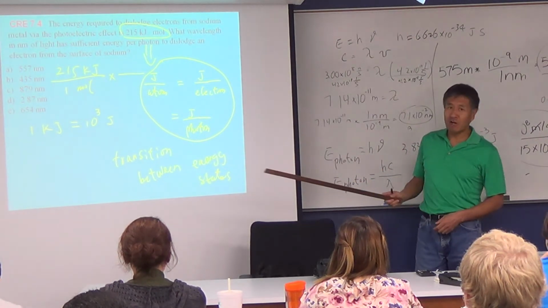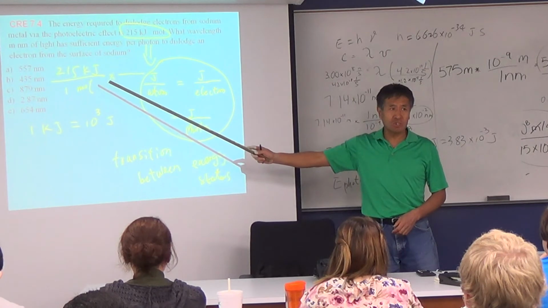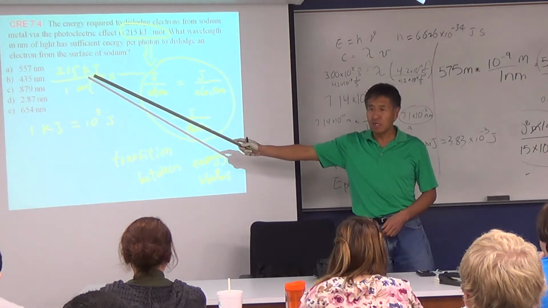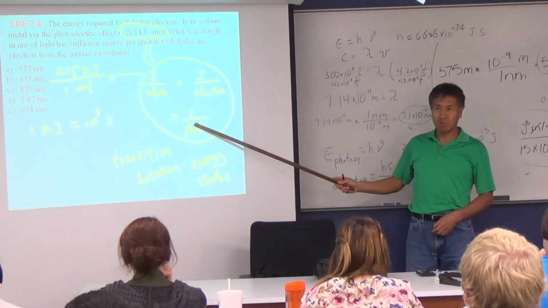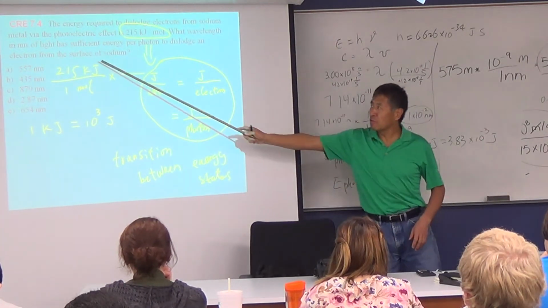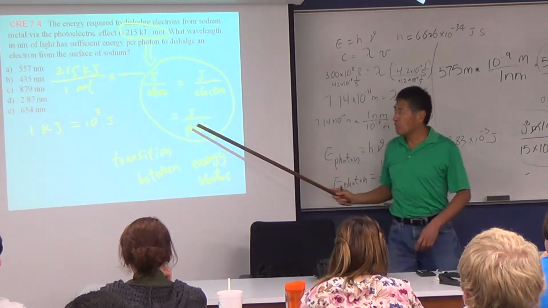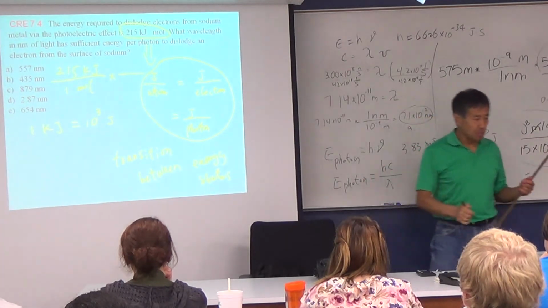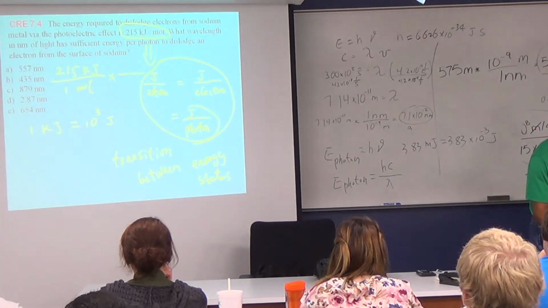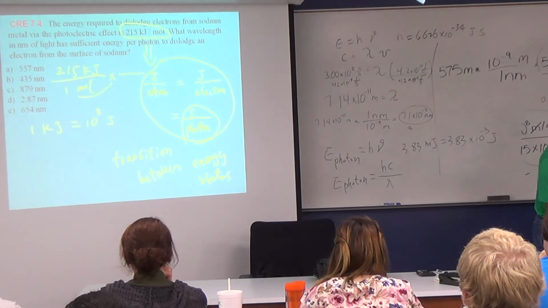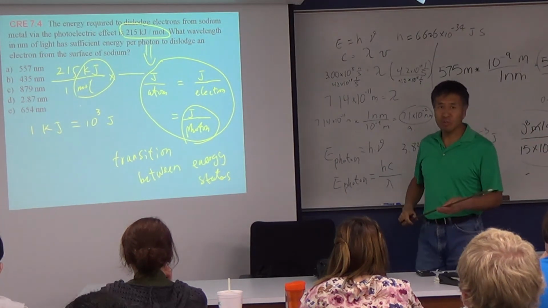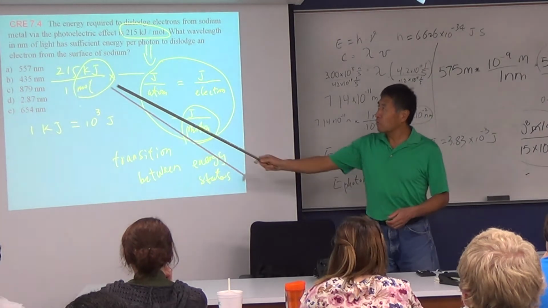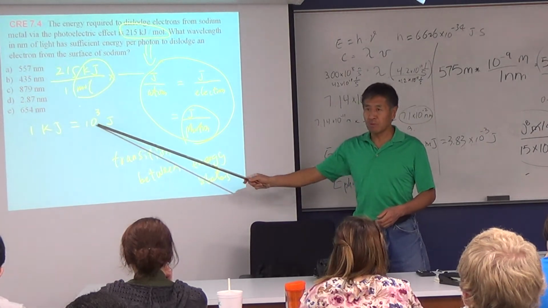Now what do we need to convert? We need to convert two things. We need to convert a kilojoule into joules, starting from this unit and going to this unit. So you have to convert two units. You convert the kilojoule into joules using this.